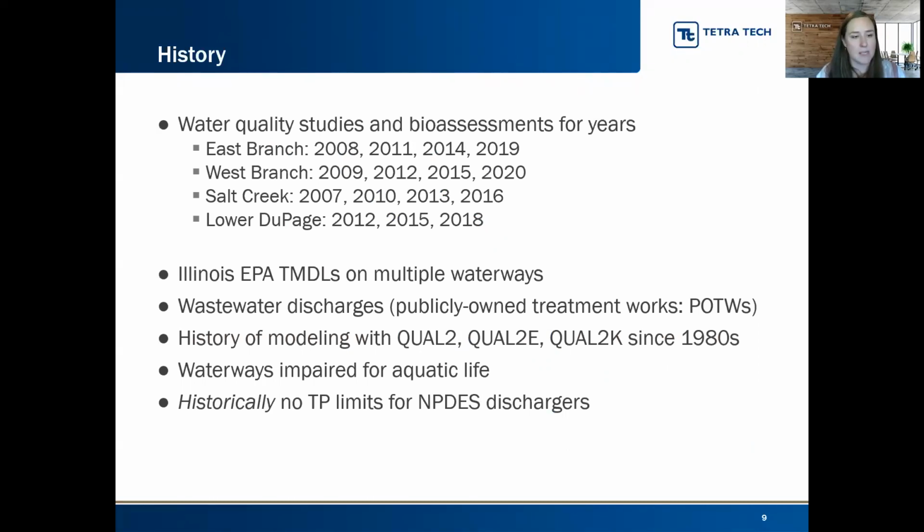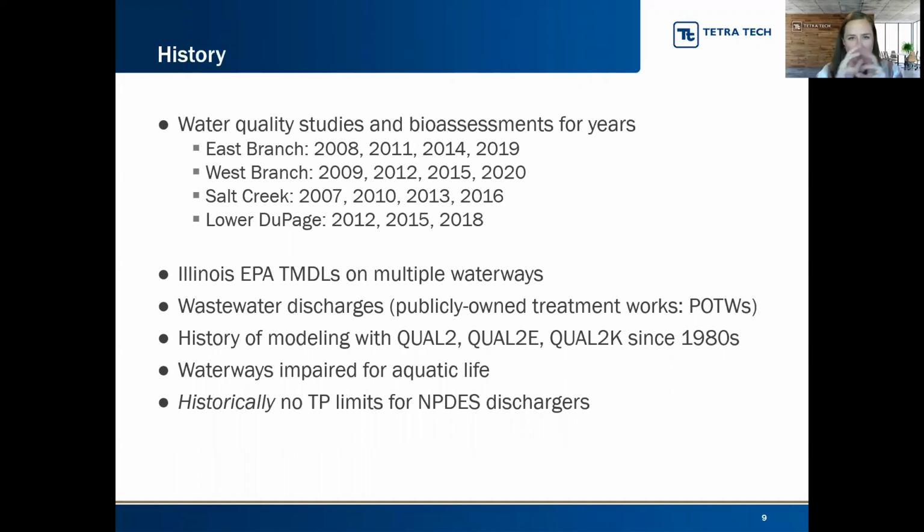There are multiple TMDLs, there are lots of wastewater treatment plants, as you all know, and Qual has been the historic model that's been used for modeling the main stems of these waterways since the 80s. What we're talking about with these names is, Qual2 was Fortran based.